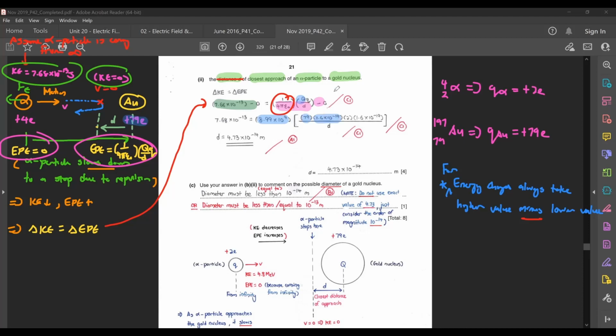The small q here can be considered as your test charge, your alpha particle. So alpha particle, the charge is 2e, so it's 2 times 1.6 times 10 power minus 19. All right. Then from there, just find out what is D. Solve your equation and find out what is D. Your D would really just be 4.73 times 10 power minus 14 meters.